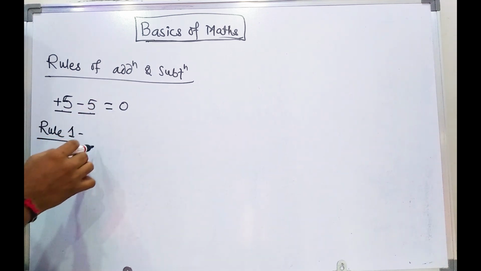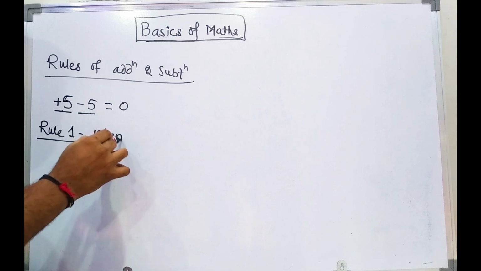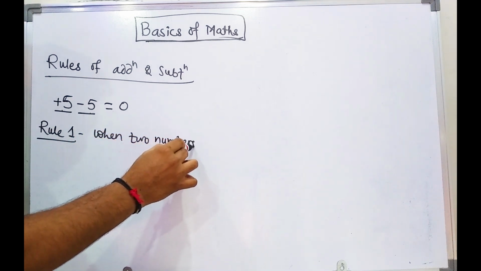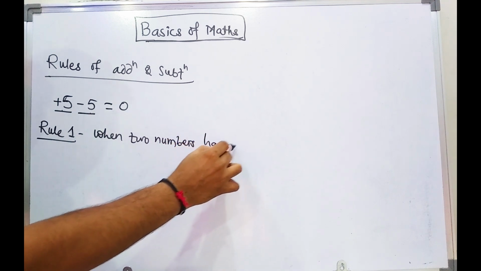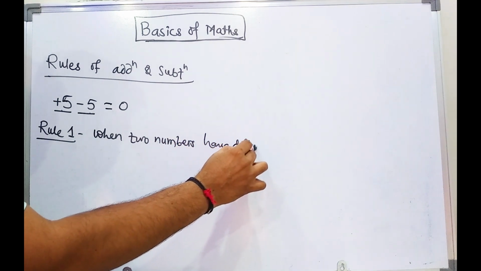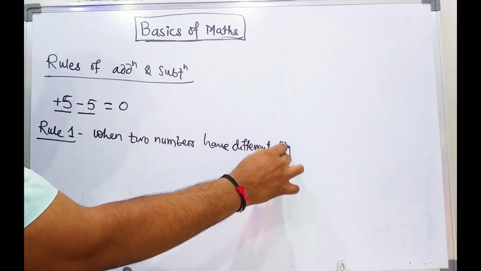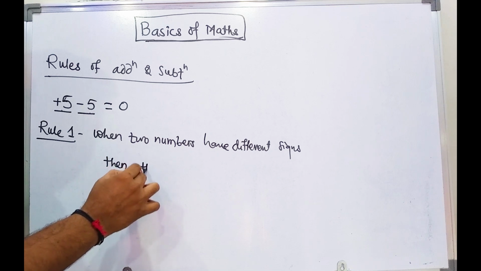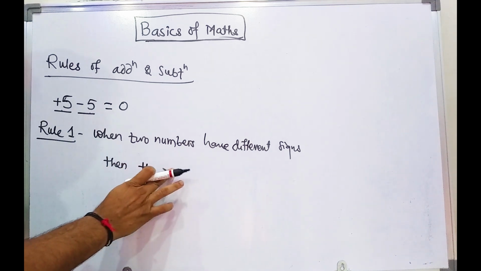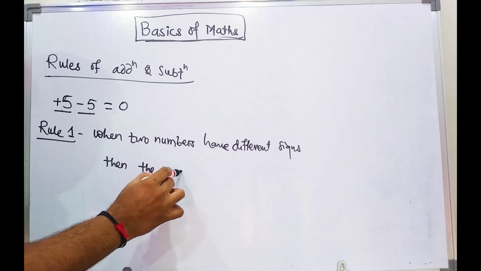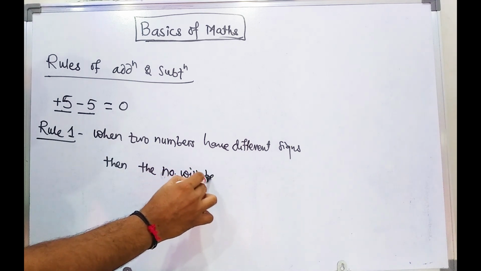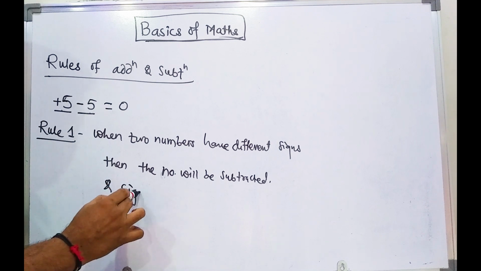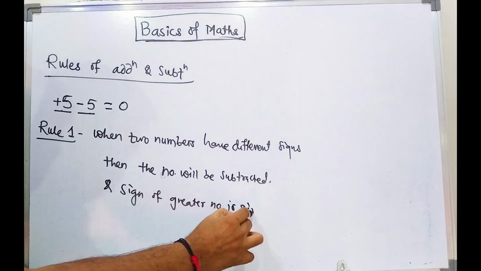So the rule number 1 is, when two numbers have different signs, then the numbers will be subtracted and the sign of the greater number is given to the answer.